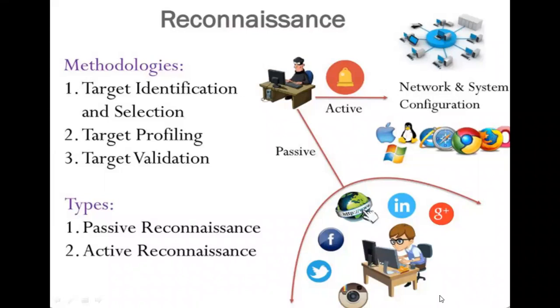Like I said, reconnaissance is divided into two. It can be active and it can be passive, right? In just a few minutes we'll see how we can conduct passive reconnaissance.